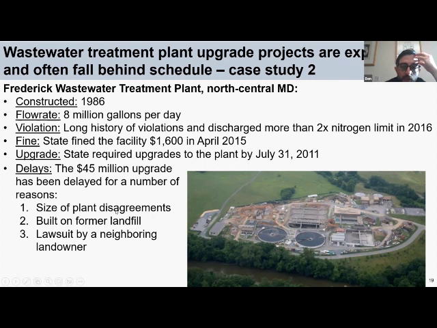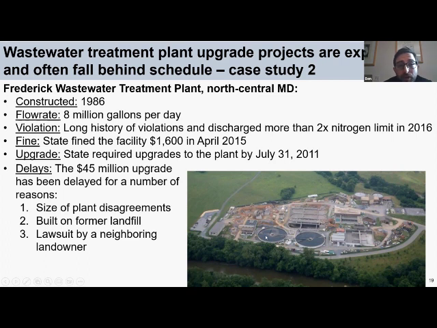So wastewater treatment is an interesting infrastructure because it's ratepayer funded, right? So you and I are the ones that are paying for this wastewater treatment plant. You all have a sewage bill that you pay each month. The amount that you pay each month is calculated based on how much money it costs to operate this facility and how many people live in your community that's feeding this, right?